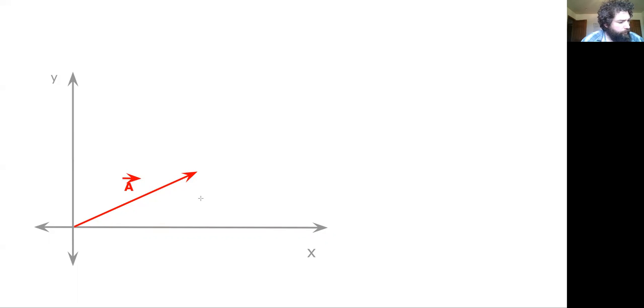Okay, so what we can do here is we can actually break down A into its components like we did before. And so we can break it down into a component there along the x-axis and a component here along the y-axis. And so what we'll call these is, this is going to be A as well.